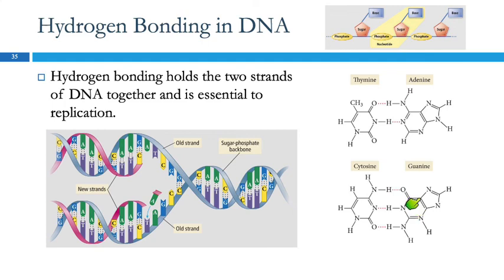If you try to pair guanine with adenine, the polarities don't match up. It doesn't work out. So these guys are always going to pair together, and these guys are always going to pair together. In your DNA, if you have a thymine on one strand, you're going to have adenine on the other side. If you have guanine on one side, you're going to have cytosine on the other.